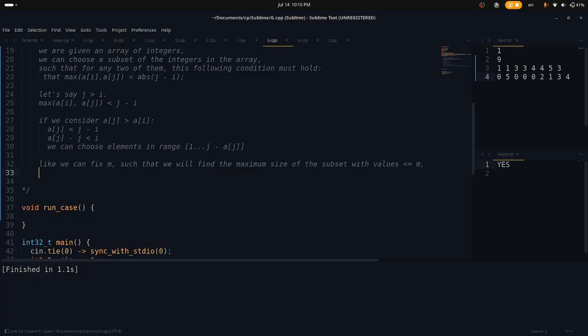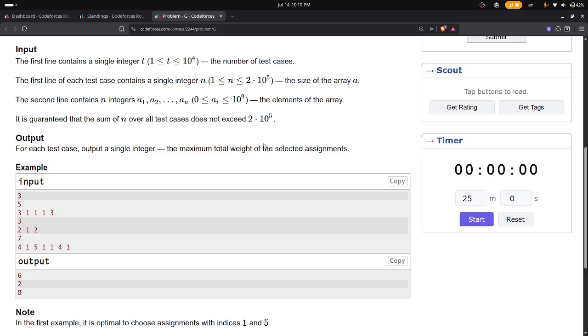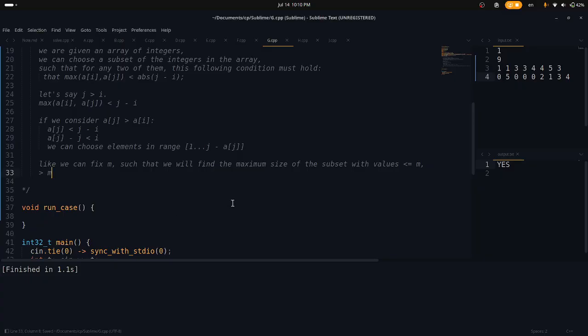So I think it is easy. In that case, all the elements, the difference between them, must be greater than m, right? The difference must be greater than m.